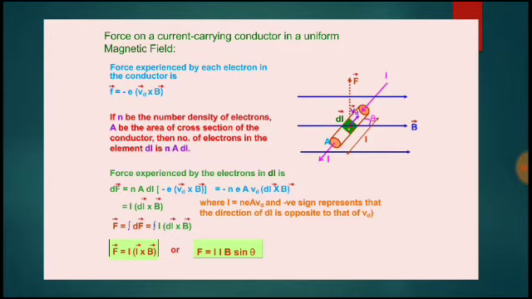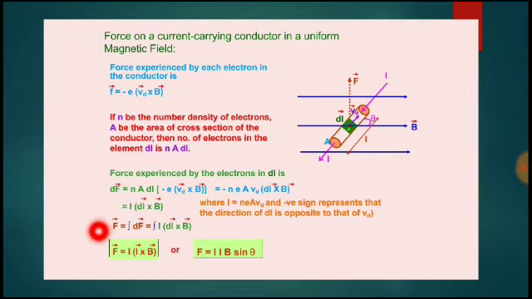The force experienced by the electrons in the element is dF, equal to nA dl into minus e Vd into B. So you get minus n e A Vd dl into B, and n e A Vd is nothing but the current. That's why the next step is I dl into B.